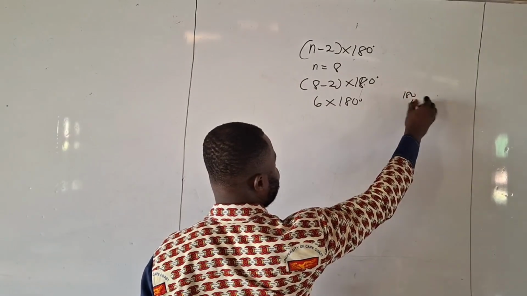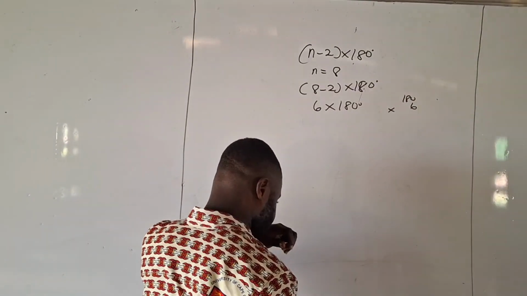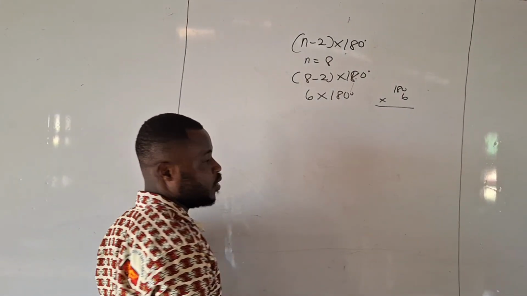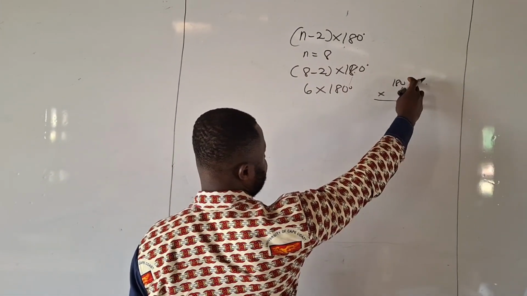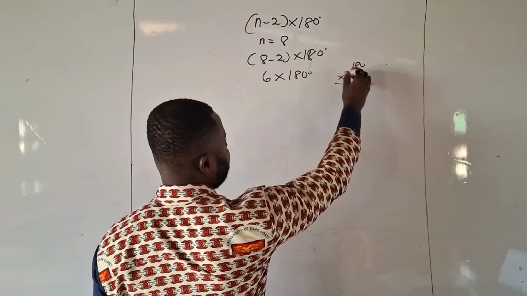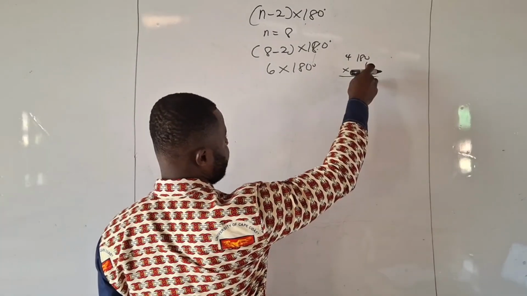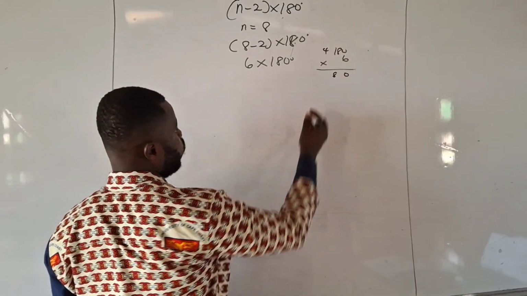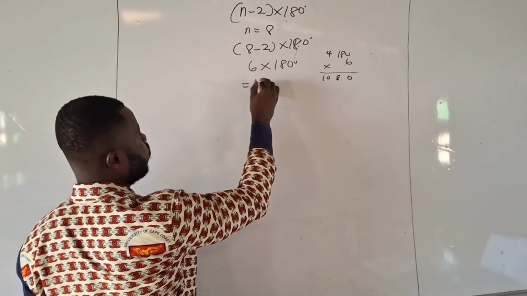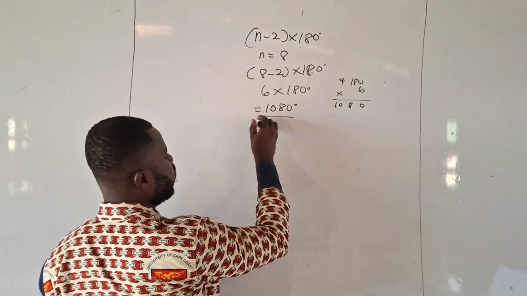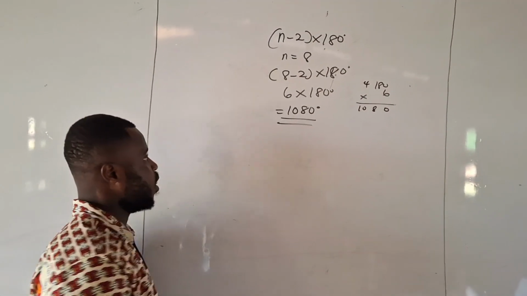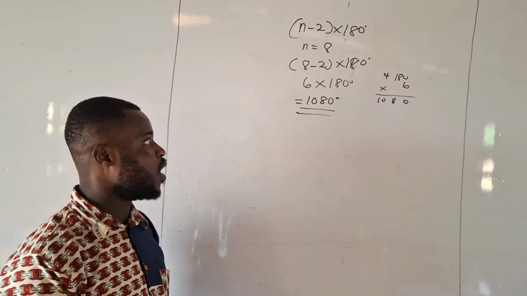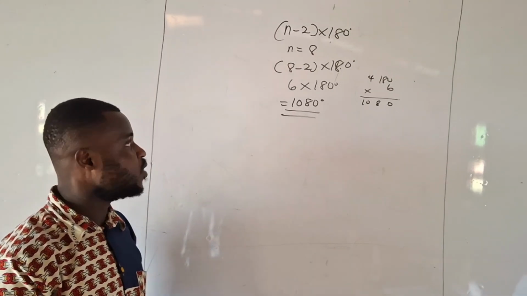So we multiply 6 times 0 is 0. 6 times 8 is 48, write 8 remainder 4. 6 times 1 is 6 plus 4 will give us 10. So this will give us 1080 degrees as the sum of interior angles of a regular octagon.